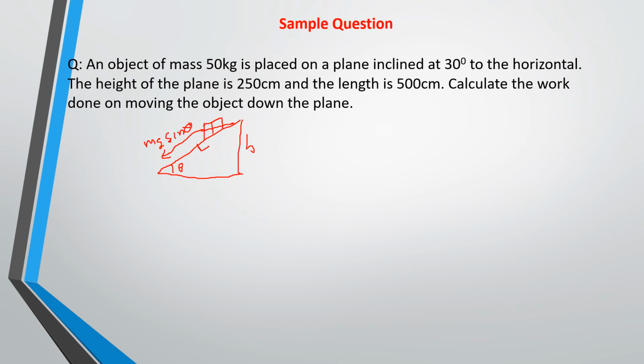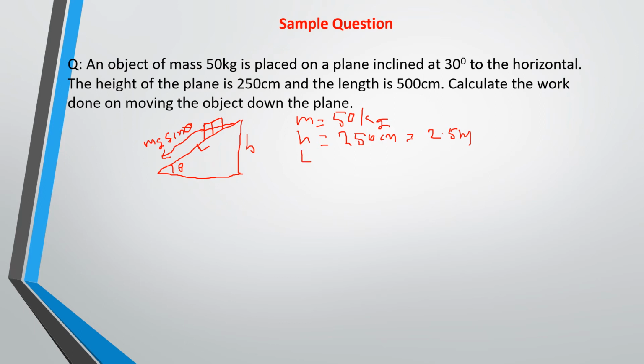Okay, so in this question, you are given that the mass of the body is equal to 50 kg. The height of the plane is equal to 250 centimeters. So convert this to meters: divide by 100, so that you have 2.5 meters.